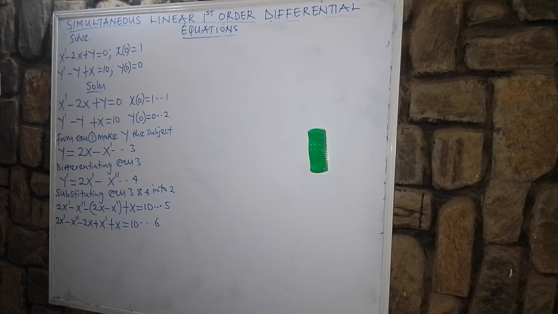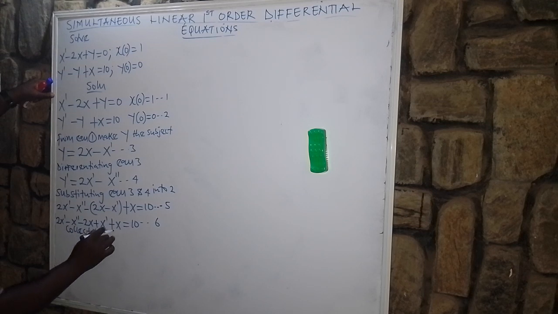If we collect like terms, we are going to have minus x prime prime, then plus 2x prime plus x prime.